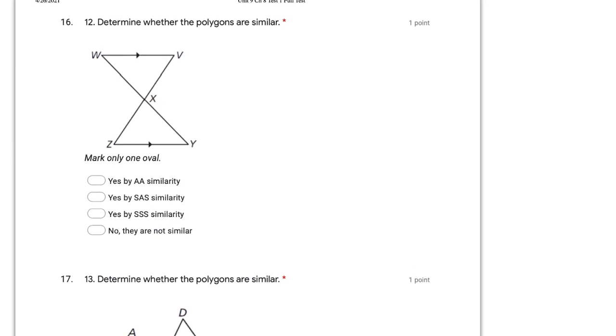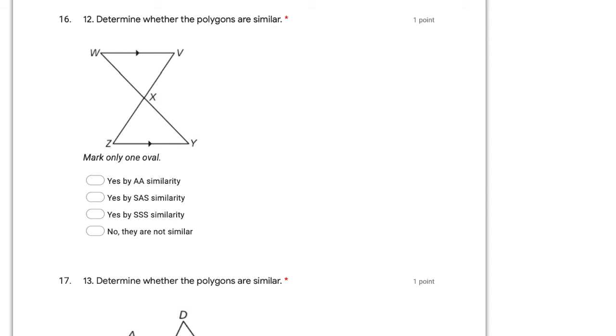Let's see if these are similar. We've got some parallel lines going on here. Note that. See these arrows in them? That indicates these lines are parallel. We've got vertical angles right here. Okay, so those are going to be congruent to each other. Because these are parallel lines, we're going to treat WY like a transversal crossing parallel lines, and this angle and this angle would be congruent, angle W and angle Y, because those are alternate interior.